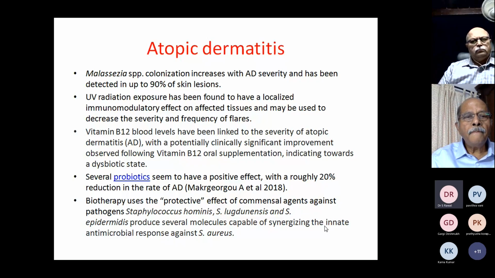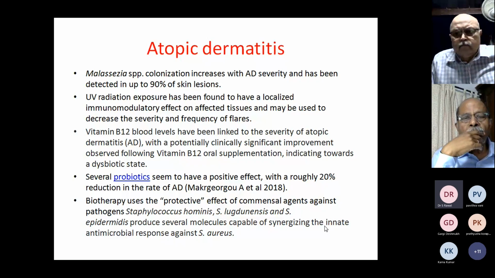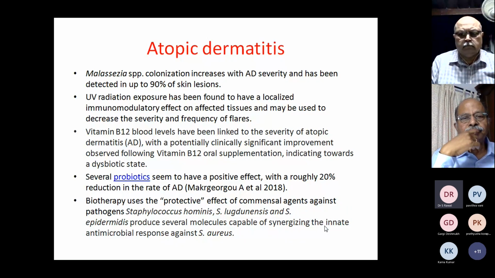Similarly, if we talk of the treatment, UV radiation exposure has been found to have immunomodulatory effects, and somehow it also acts on the local flora and on the affected tissue. B12 levels have also been linked to the severity of this disease, and there is potentially clinically significant improvement when B12 oral supplementation is given.